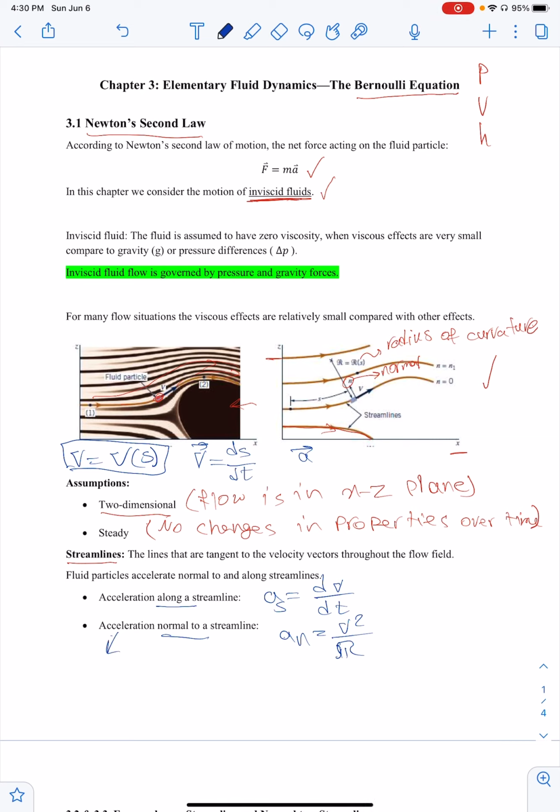This one we can also call centrifugal acceleration. So this is how the acceleration works in this coordinate system.